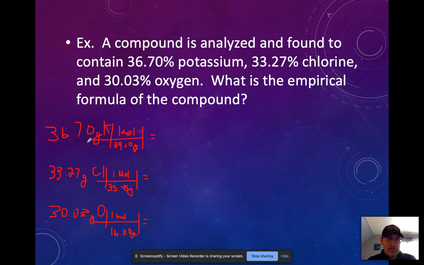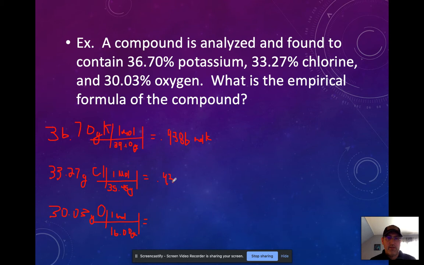Let me pull these up on the calculator. 36.70 divided by 39.10. And that gives me like 0.9386 mole of K. Okay, our next one, 33.27 divided by 35.45, 0.9385.